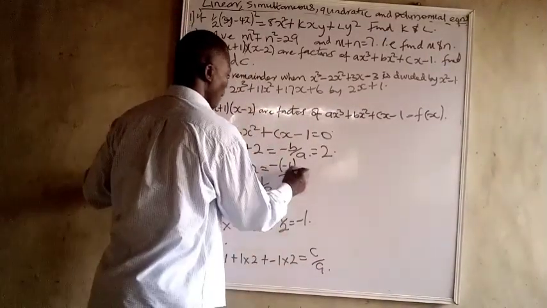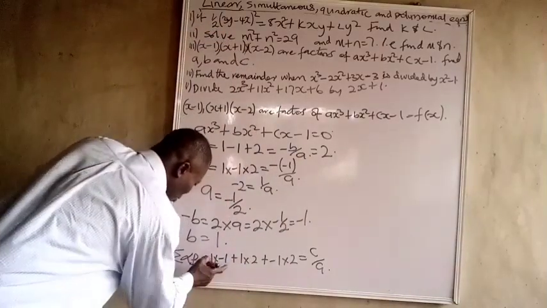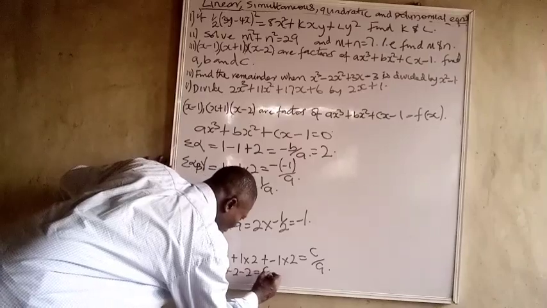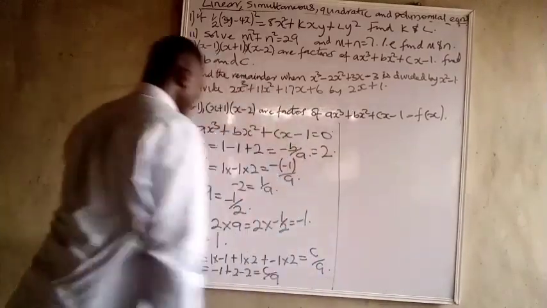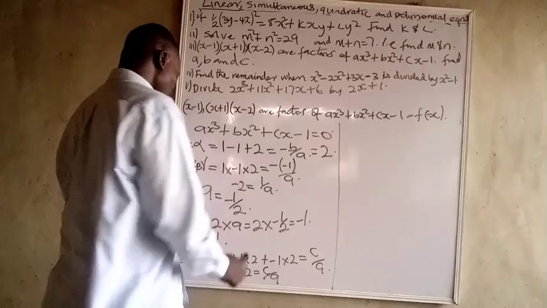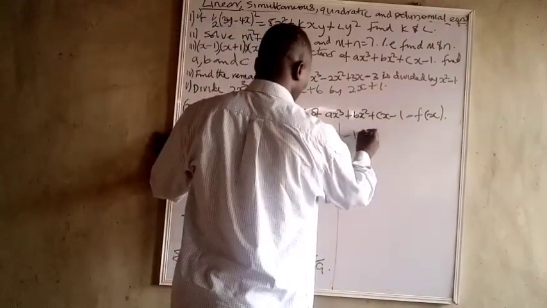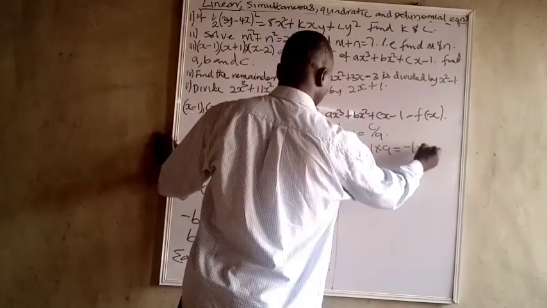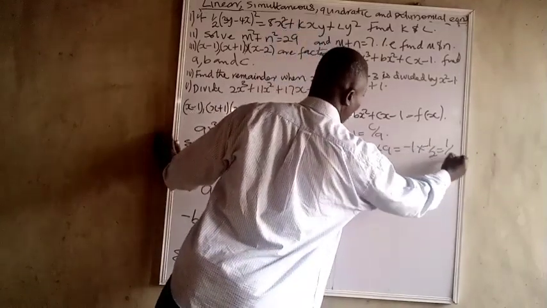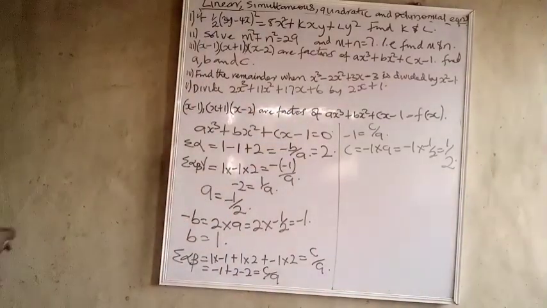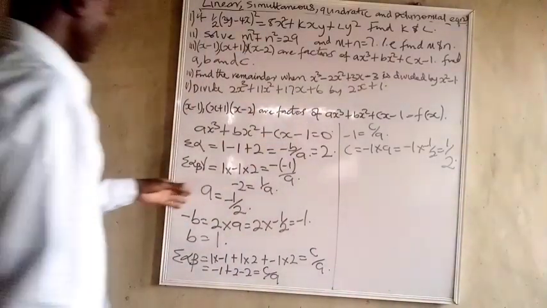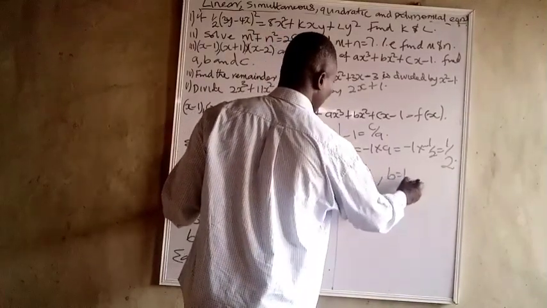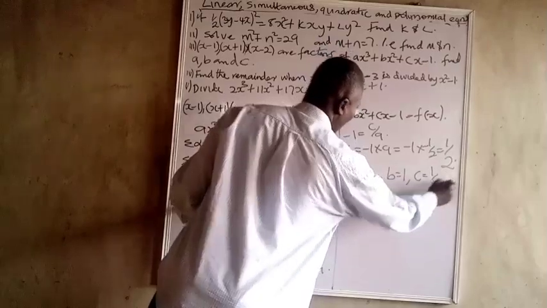So this is minus 1 plus 2 minus 2 will be equal to c over a, so minus 1 is equal to c over a. So c equals minus 1 times a, which is minus 1 times minus half, which is half. So a is minus half, b is 1, c is half.